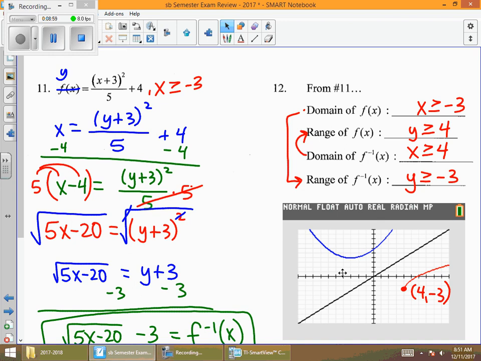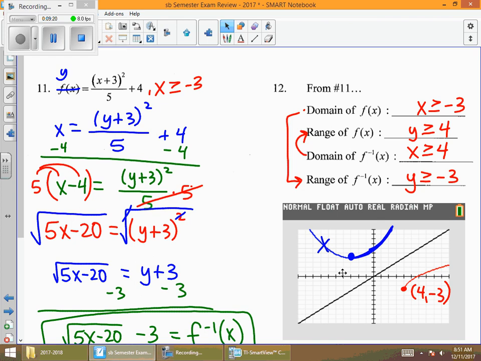All right. So again, number 11 is not one-to-one. And it's because it does not pass the horizontal line test. But if we restrict that graph to only say everything from -3, so basically if we ignore this left side of the graph, that function will be one-to-one.